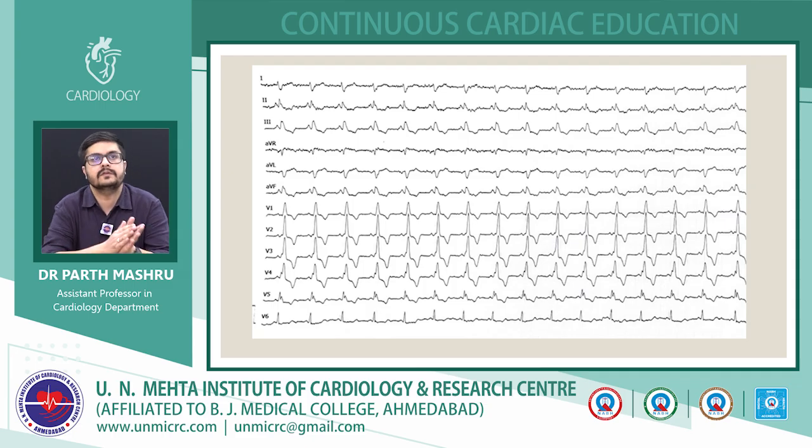V1 is positive, so it is on the left side, and 2, 3, aVF are positive, so it is on the left lateral area of the mitral annulus. So logically also we can reach the diagnosis that this is somewhere in the left lateral region. But if you see lead 1 is biphasic and aVL is more negative.